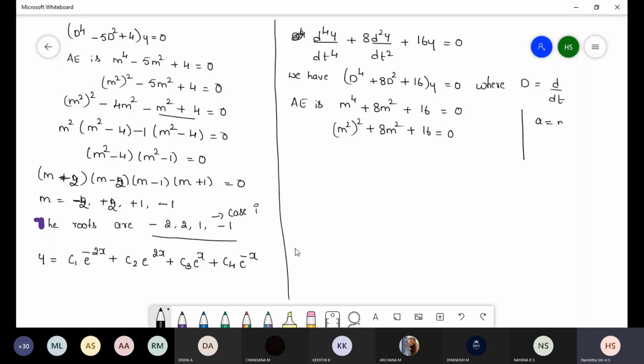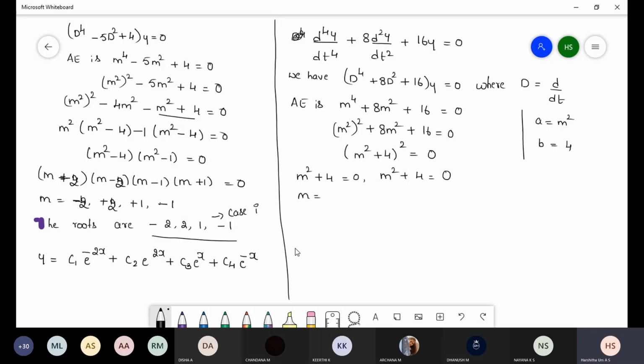Here a is equal to m square, b is equal to 4. So this becomes m square plus 4 whole square is equal to 0. So I write here m square plus 4 is equal to 0.